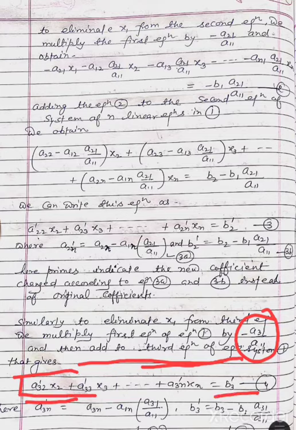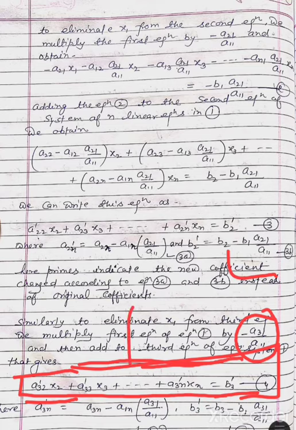This is the same way as we obtained the equation third. So in this equation we can see that from equation 3, x1 has been eliminated and a new form of equation 4 is obtained.